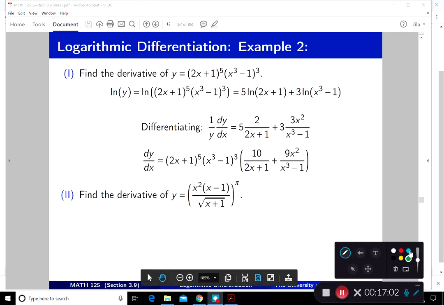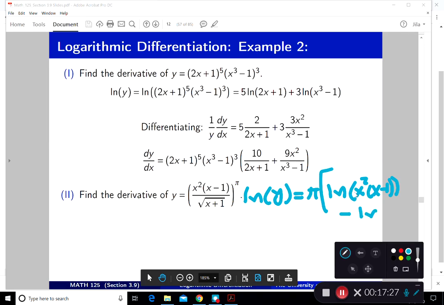What does the natural log of both sides give us? It gives us natural log of y is equal to pi times natural log of the numerator minus natural log of the denominator.